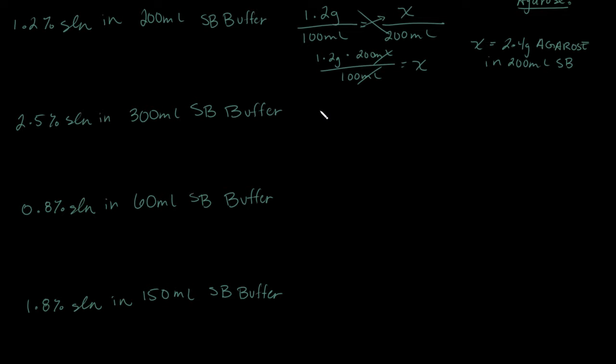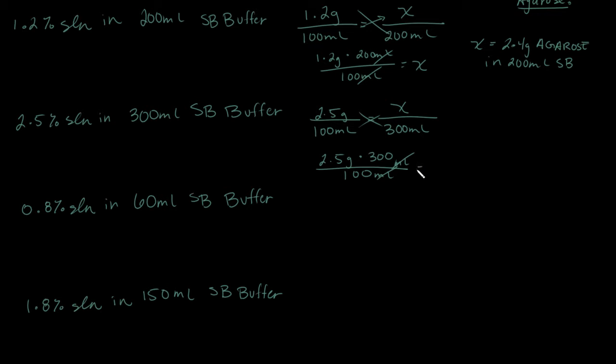All right, let's do it again. 2.5 grams, 100 milliliters is equal to, again, mils, unknown quantity that we're going to weigh out, 300 milliliters of SB buffer. Quick cross multiplication, 2.5 grams times 300 over 100.